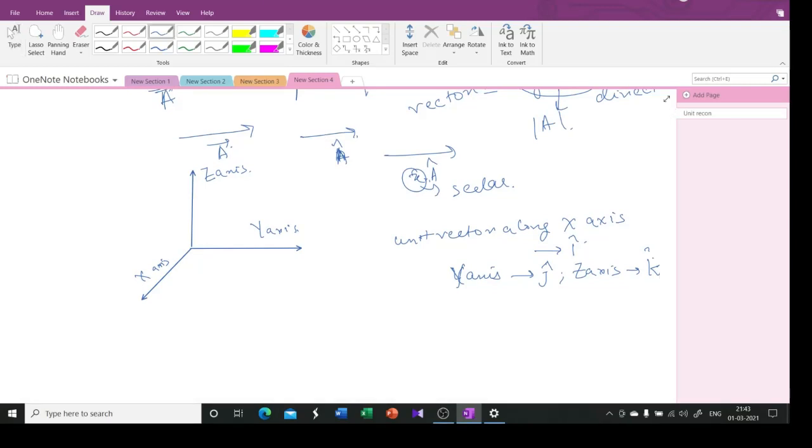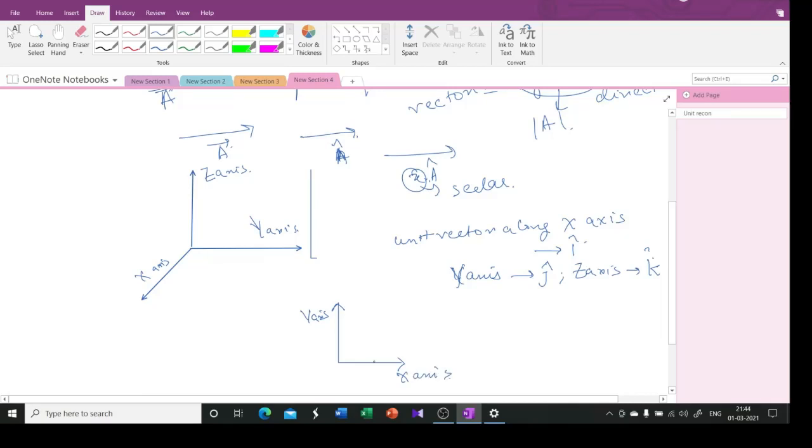First, let's do it in two dimensions. Let's deal with two axes first. Let this be the y-axis and this be the x-axis.